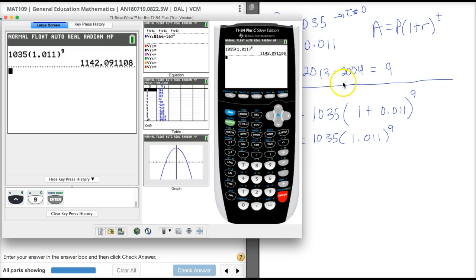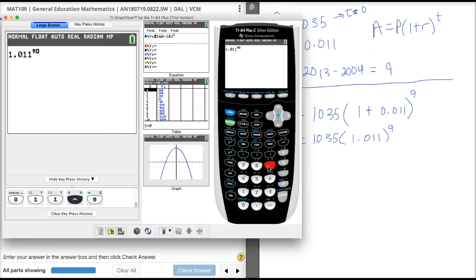According to the order of operations, we have to do exponents before we do multiplication. So if you're trying to calculate this without a graphing calculator that will allow you to type everything in, then what you need to do first is this. I'm going to clear this. We need to do 1.011 because that's what's in the parentheses, and exponents come before multiplication, so we're going to raise this to the 9.